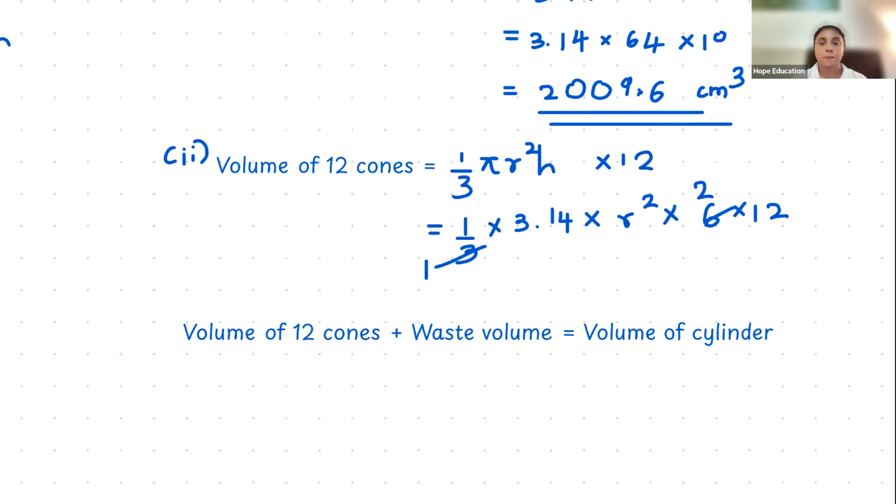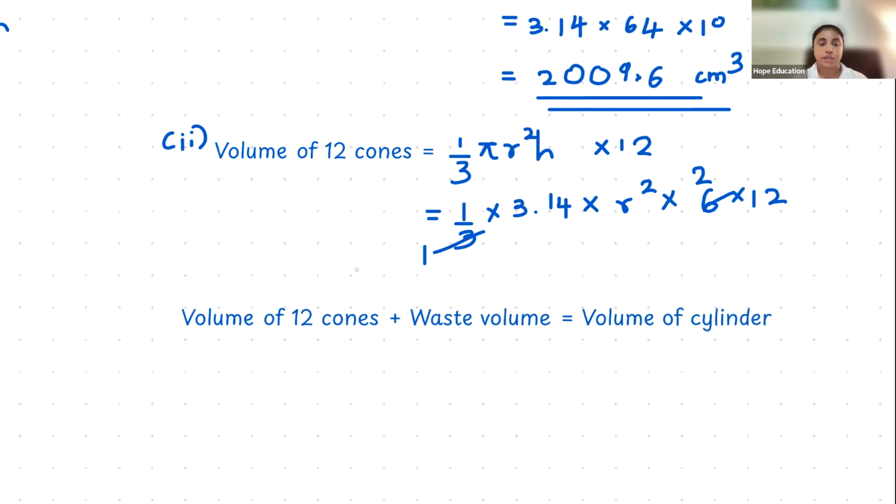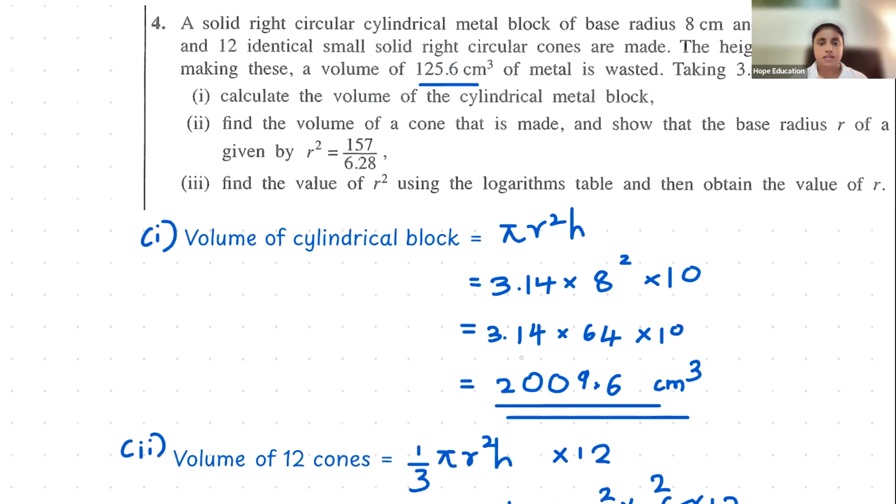Okay, so here I'm going to keep it just like this, 3.14. We can simplify later, because if things cancel it's easy for us, that's why. Multiplied by r squared, multiplied by 2, multiplied by 12. Waste volume is 125.6 cubic centimeters.